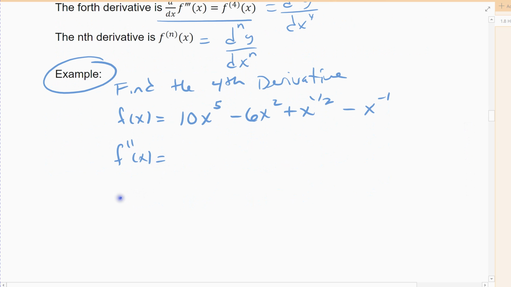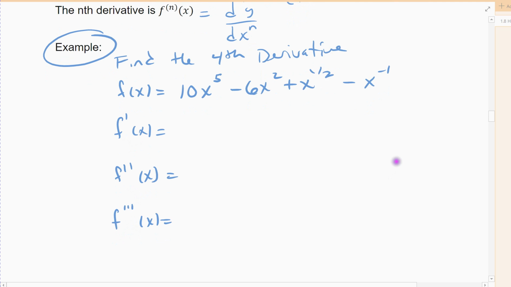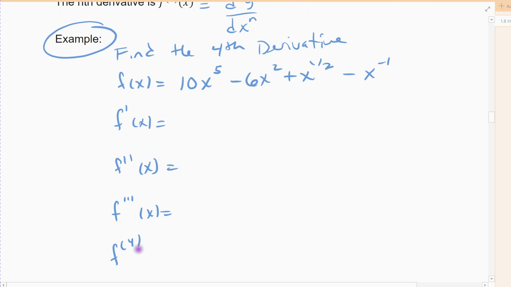And then it's basically just taking 4 derivatives in a row, in order. I have to take 4 derivatives to get to the fourth derivative.